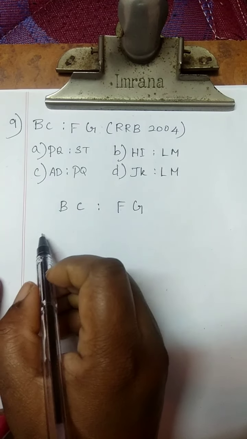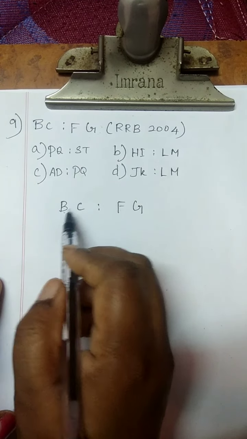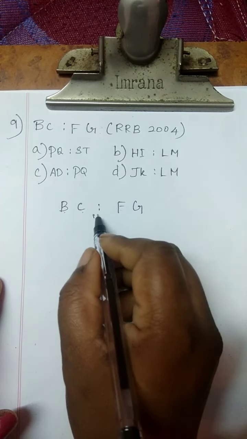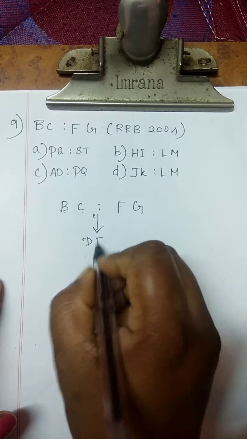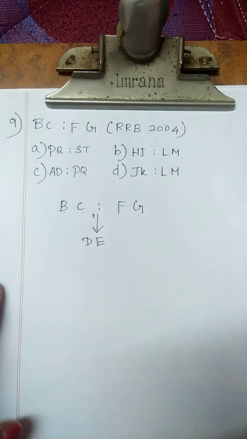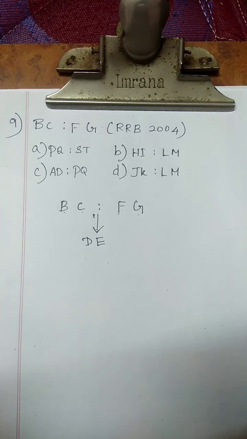In alphabetical order, after A, B, C, here the absence of alphabets is after B, C, D, E, and then here it's F, G. So they left two alphabets and then they have written F and G. So from the options we have to find the same two left alphabets. If two alphabets are left from the alphabetical order, that one is the correct answer.